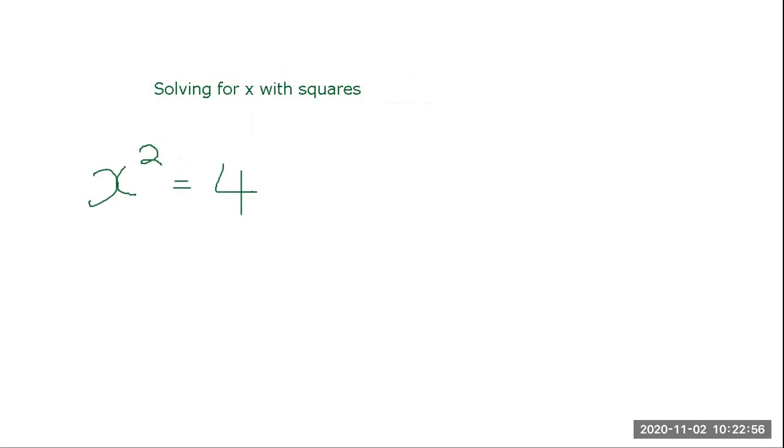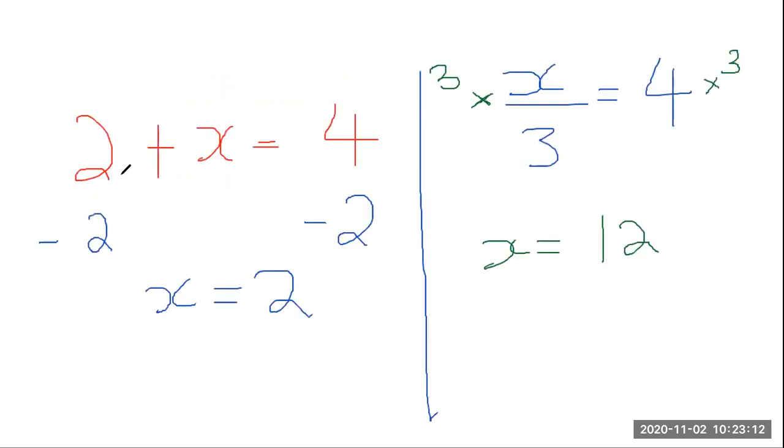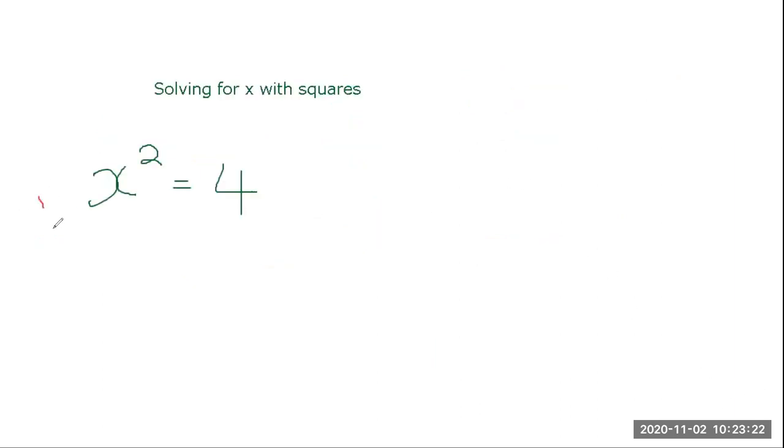Remember, the goal is to find x, all right? And I'm not trying to find x squared, so I need it to just be 1x. In order to get rid of the squares, I use the square root sign. So with my previous example, in order to get rid of the +2, I did -2. In order to get rid of the divide 3, I did multiply 3. In order to get rid of squares, I do the square root. And whatever you do on one side, you have to do it to the next side.